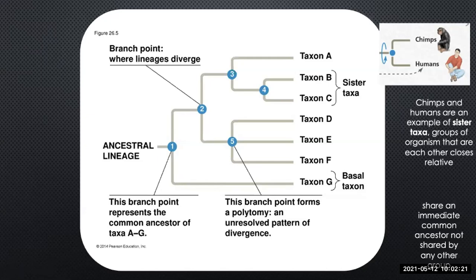Another thing to note is if you look at, say, these chimps and humans, this little arrow is showing you these can all be reversed. So the order that you put B and C in doesn't matter. It means the exact same thing, evolutionarily speaking, if this is humans and this is chimps, or this is chimps and this is humans.